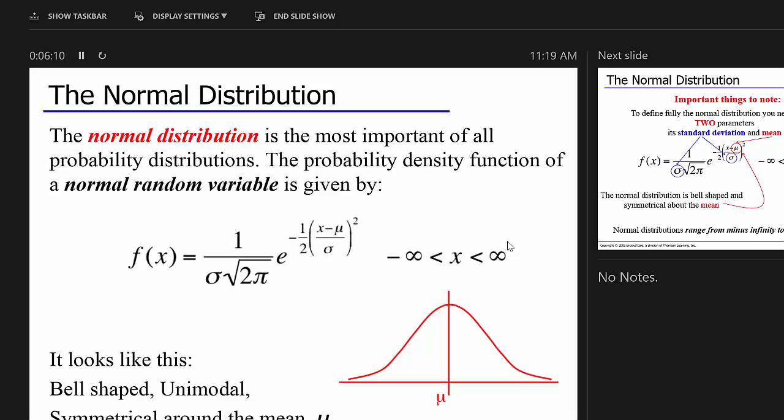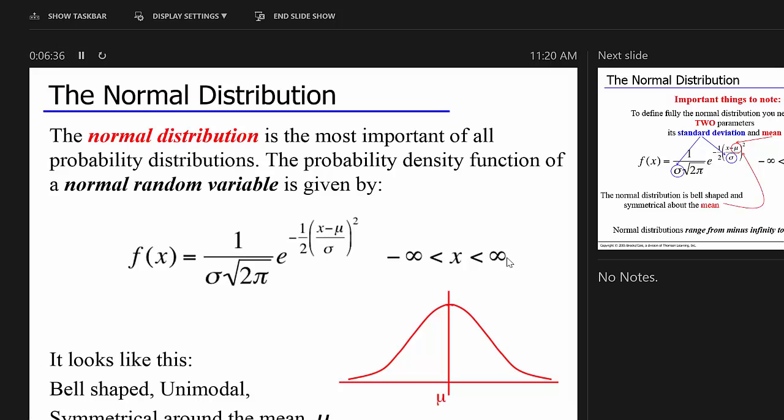Also, the range of the normal distribution is infinite. It extends to the left to minus infinity and to the right to plus infinity. It approaches the horizontal line very closely, but never touches it. So every time you have a value, no matter how large or how small it is, there will be some area in the left tail or in the right tail of the distribution.